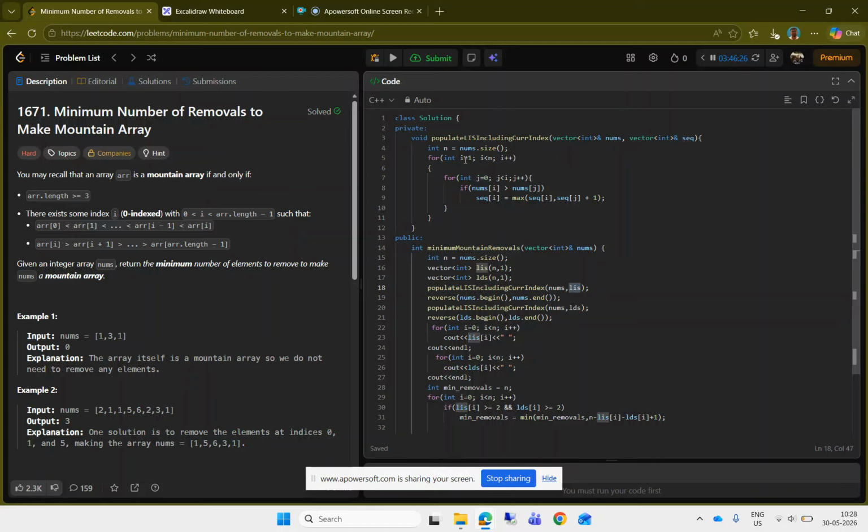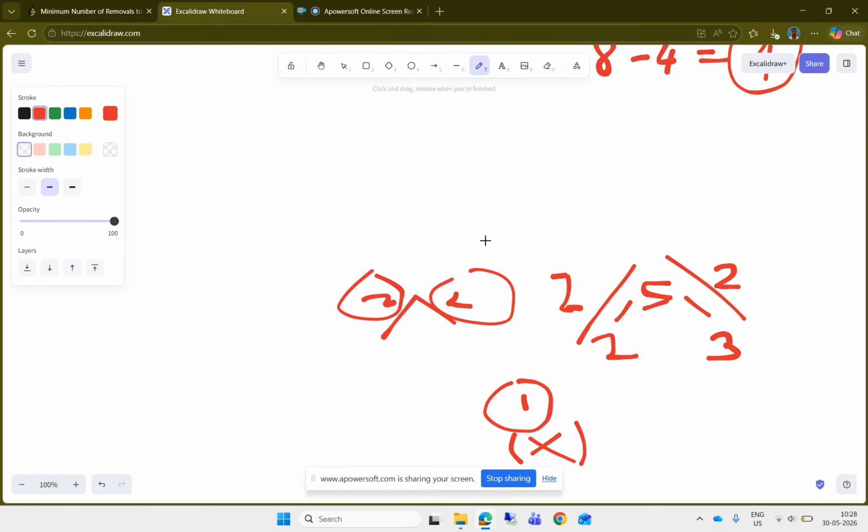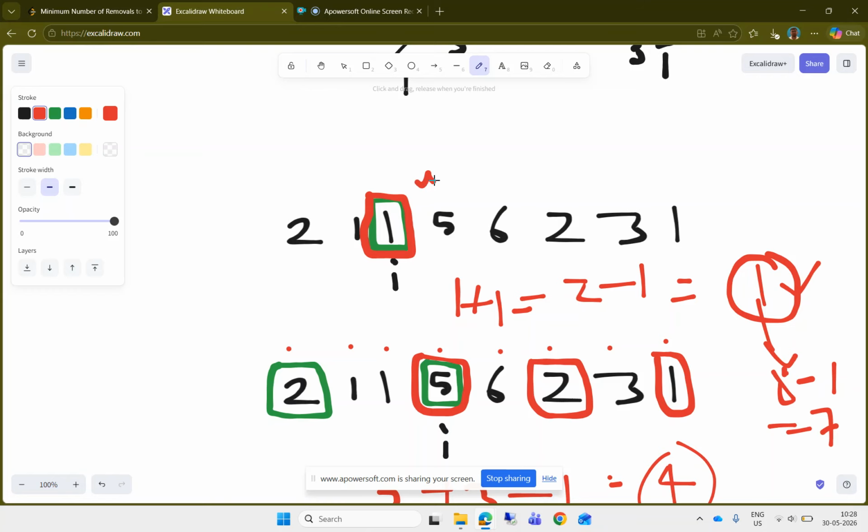For example, we go from I equal to 1 to I equal to n for the index, and try to populate the LIS and LDS arrays, which capture the longest increasing subsequence ending at I and the longest decreasing subsequence starting at I, right? These are initialized as 1 by default, because the worst case scenario is 1, the element itself, like the scenario which I already showed.